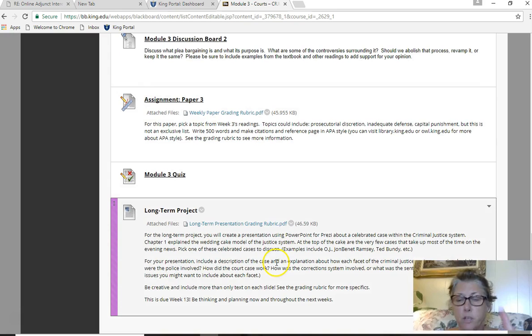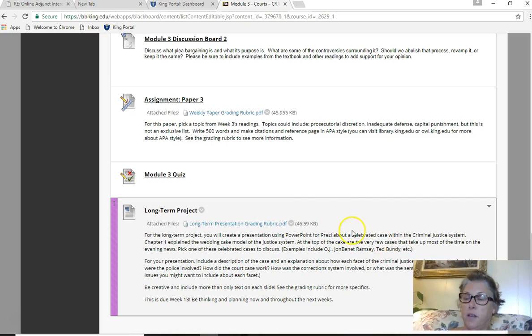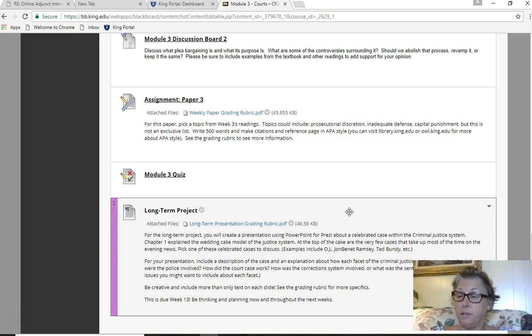And really quickly before I go, I want to explain the grading system a little bit. In the grading rubric that you notice for everything, because I do use rubrics in order to be completely fair and give everybody the same benefit.